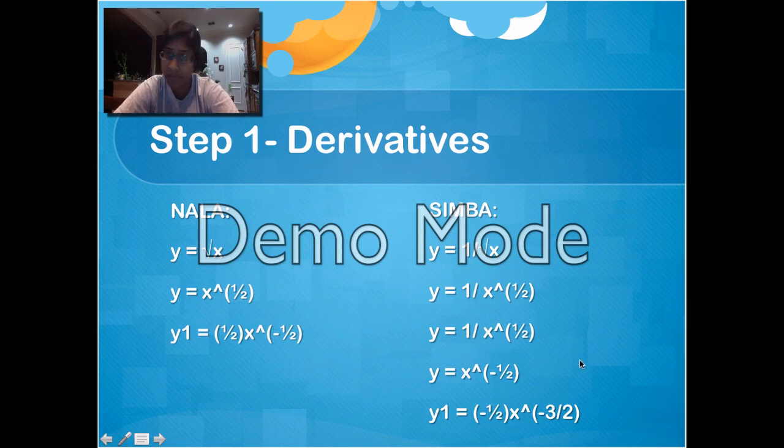Now we have to find the derivative of this function. To do that, we're going to again move the negative 1/2 to the front and subtract 1 from the exponent. So we're going to have y prime equals negative 1/2 x to the negative 3/2. And so now we have the derivatives of both functions or paths.